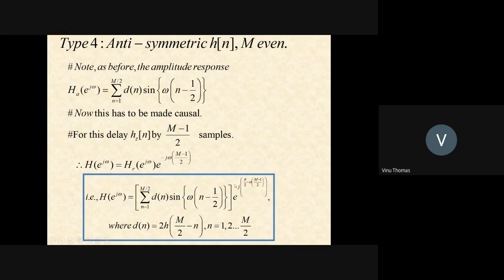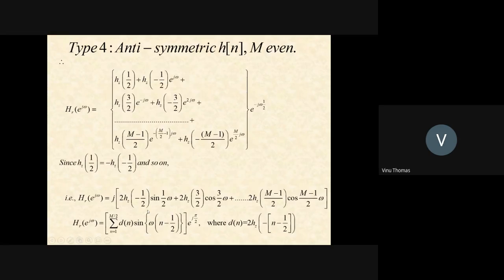This part turns out to be purely real, and this is e raised to j, originally you had pi by 2, so pi by 2 minus omega into n minus 1 by 2. So it will cross the y-axis at pi by 2 radian, where d of n is equal to 2h of n by 2 minus n for n equal to 1 to n by 2. See the indices, the summation of the indices is from 1 to n by 2.